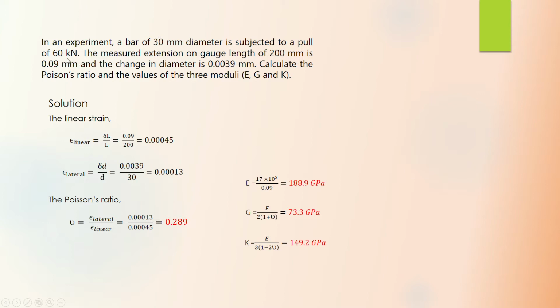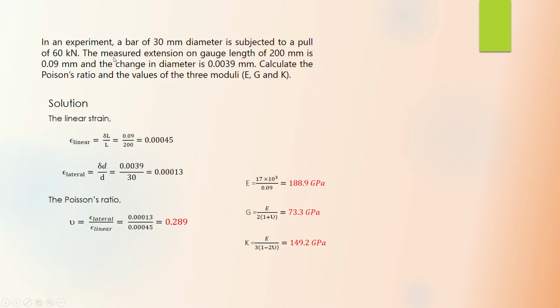It is subjected to 60 kilonewton force acting along the axis of the bar. The measured extension on the gauge length, that means the original length, 200 mm, is 0.09 mm. The extension, that means the change in length, is this much, and the change in diameter is this much. Calculate the Poisson's ratio and the values of the three moduli, so the E, G, and K.